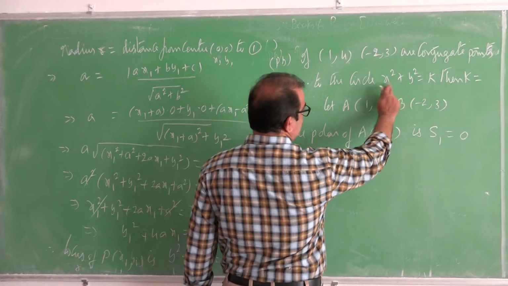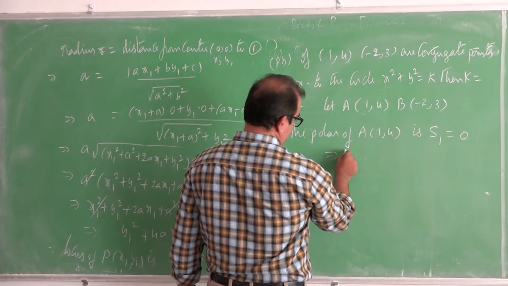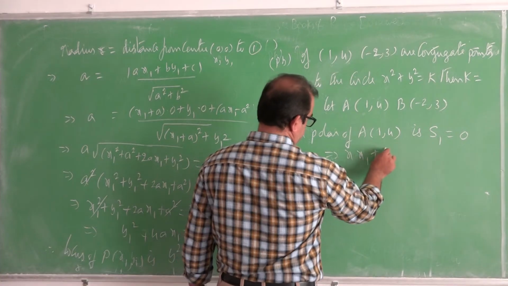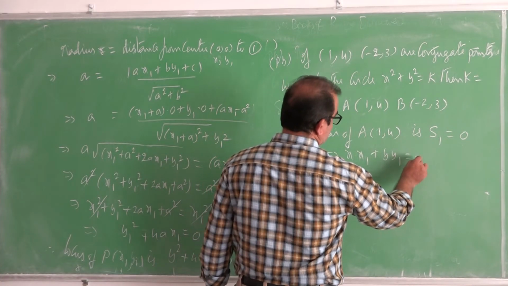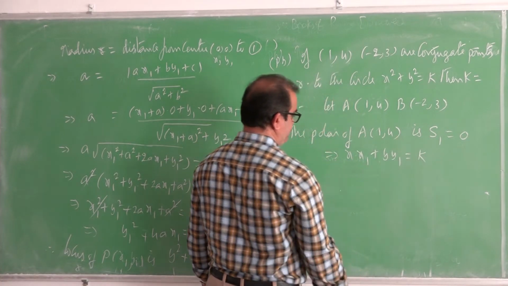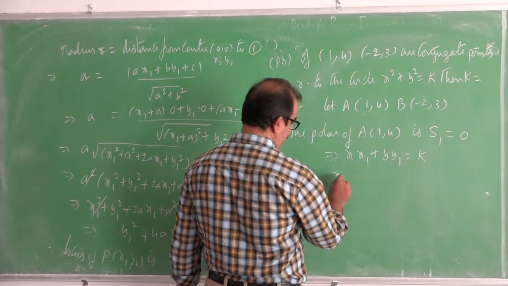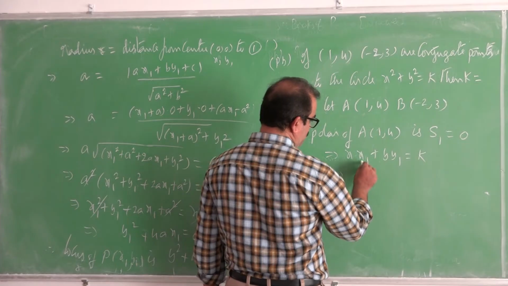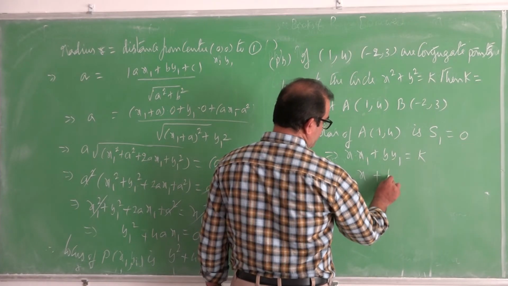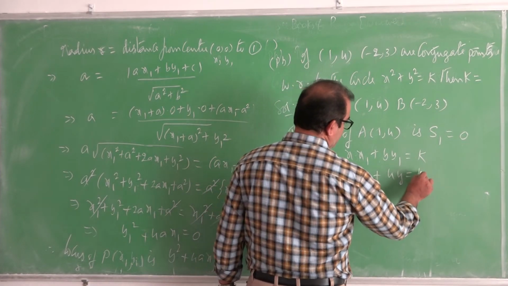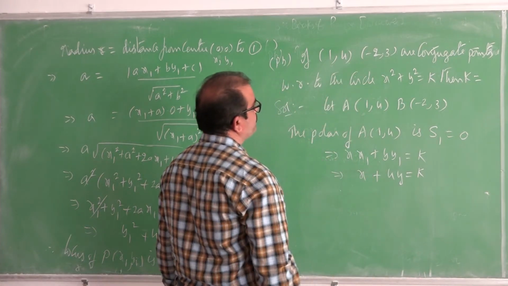What is S1 to this circle? x into x1 plus y into y1 is equal to k. But what is x1, y1 value? 1 comma 4. So x into 1 plus y into 4, or 4y, is equal to k.